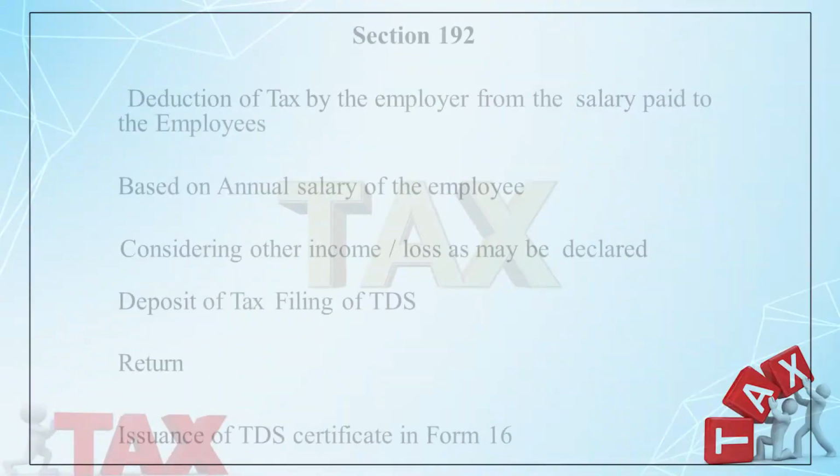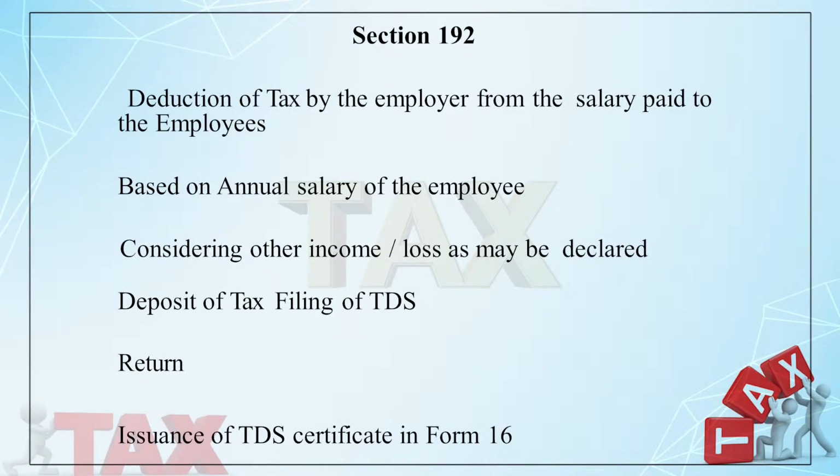The organization that pays me salary also has a responsibility to deduct tax on that salary, on an equal proportionate method, that means spread equally, by the employer when he or she is paying the employee concerned. Section 192.